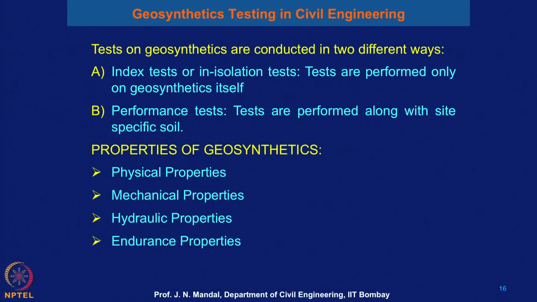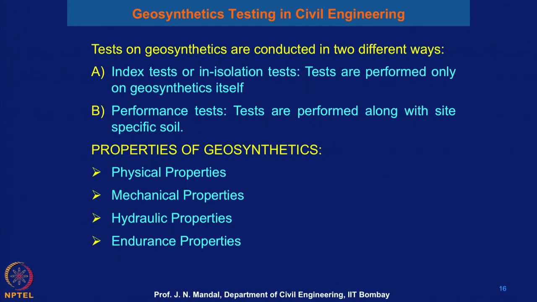The tests on geosynthetics are conducted in this course in two different ways. A, index test or in-isolation test: tests are performed only on the geosynthetic itself. And B, performance test: tests are performed along with the site-specific soil.